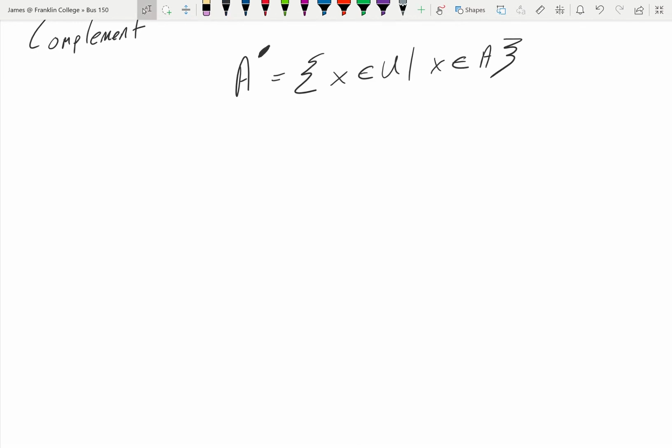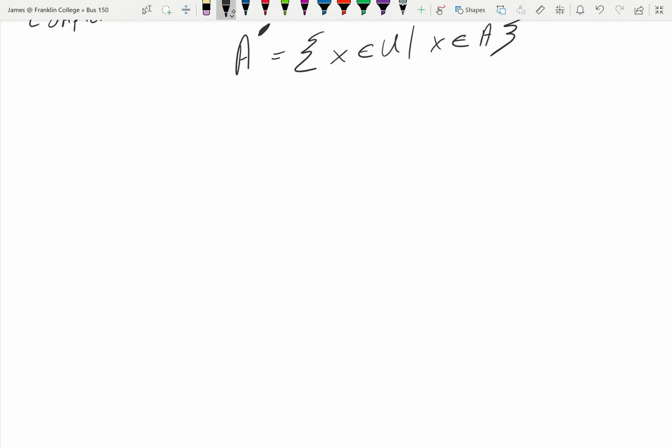So let's think about this as a listing method first. If we have the universal set, let's say it's all the integers: -5, -4, -3, -2, -1, 0, 1, 2, 3, 4, and so on. All the possible numbers, both positive and negative.